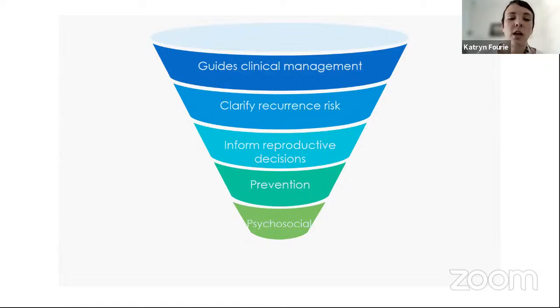This in turn can often inform your reproductive decisions. So taking on things like prenatal testing or pre-implantation genetic diagnosis in order to prevent another child with the same condition, for example, or even in certain cases to prevent disease progression where early intervention can make a difference.